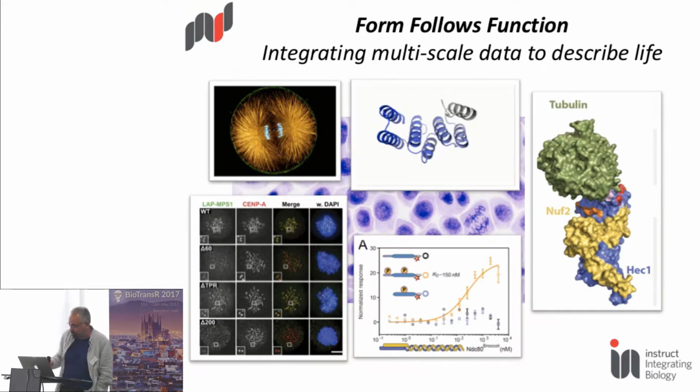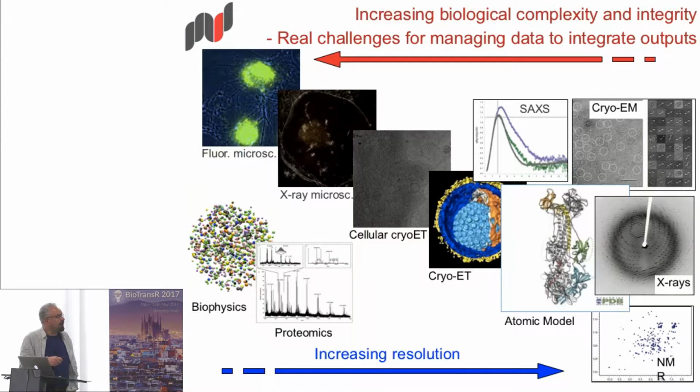wherever it's available. For that, we use a variety of techniques in INSTRUCT that varies from fluorescence microscopies that I showed to you. It goes to X-ray microscopies, which can picture whole cells in high resolution, that's standard light methods.